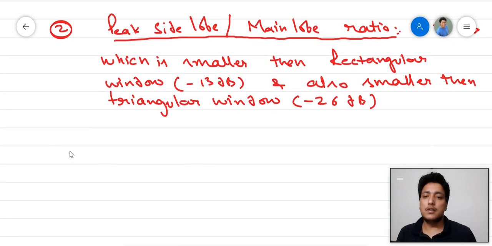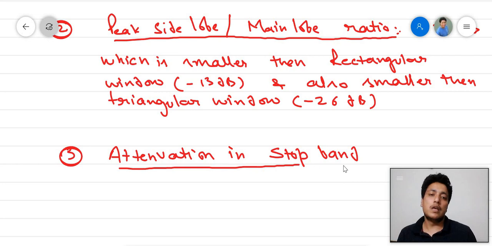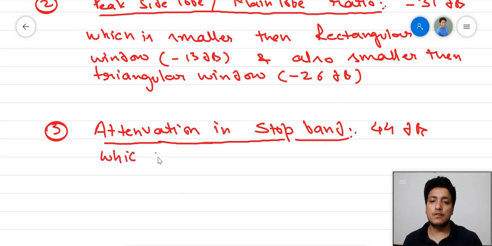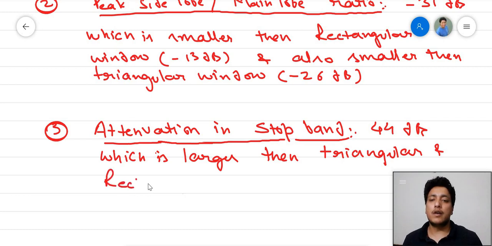Third point is attenuation in stop band. Attenuation in stop band for Hanning window is 44 dB, which is larger than triangular and rectangular window.